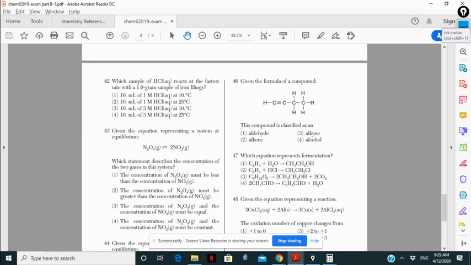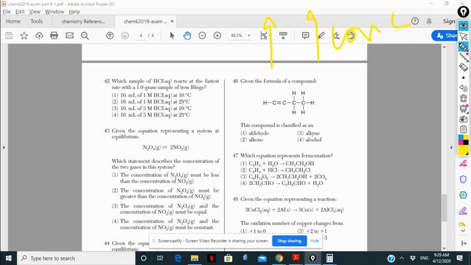Which sample of hydrochloric acid reacts fastest with a 1 gram sample of iron? So first here, this is about the factors of reactivity. What's increasing the speed? High concentration increases the speed.